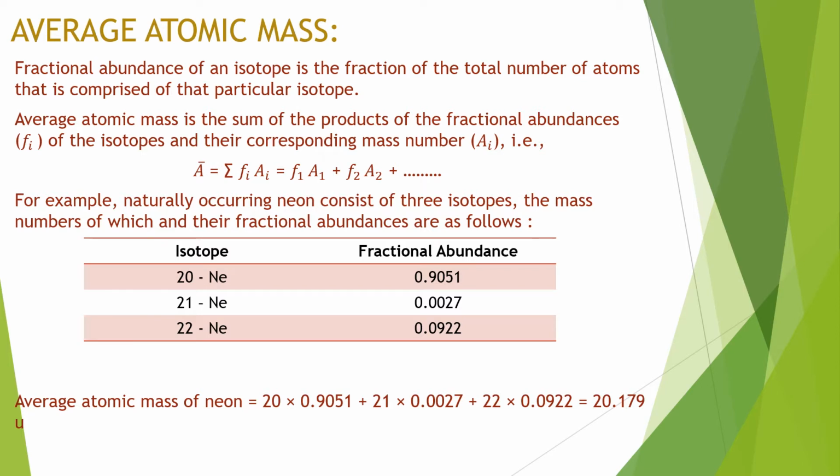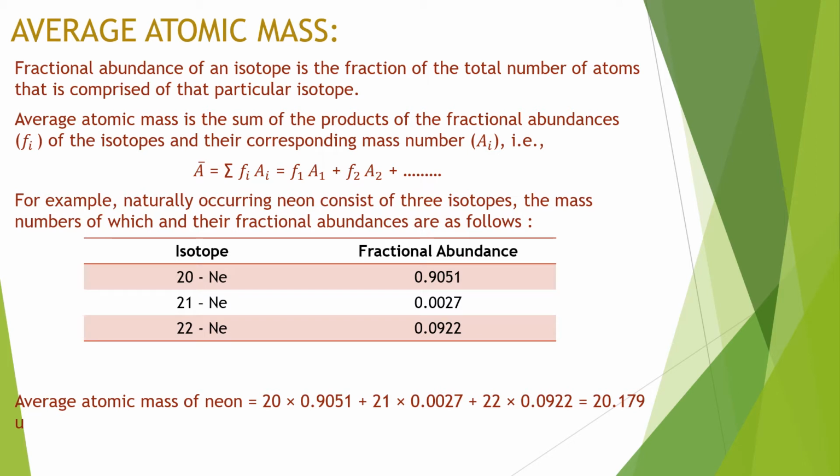The average atomic mass is the sum of the products of the fractional abundances, that is Fi, of the isotopes and their corresponding mass numbers, that is Ai. So we can write the formula A bar equals summation of Fi Ai, which in expansion form is F1A1 plus F2A2 and so on.